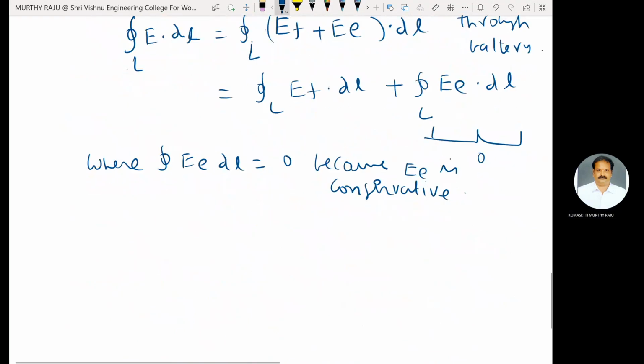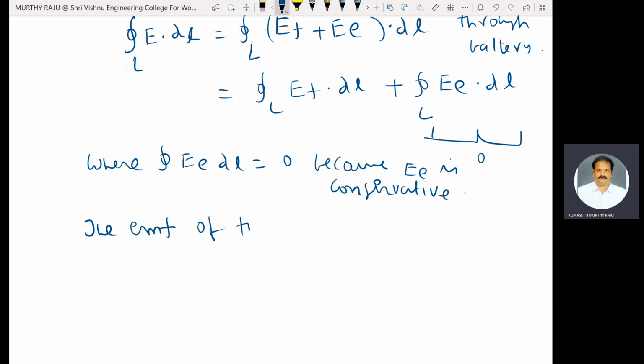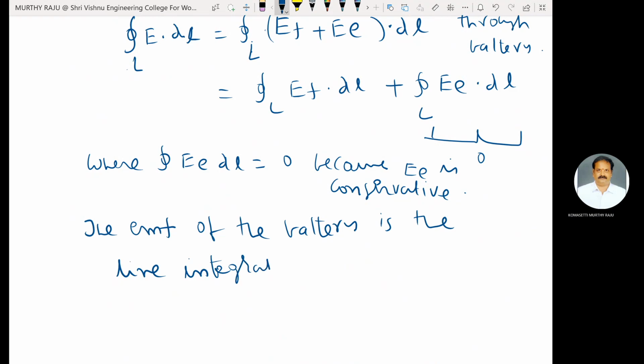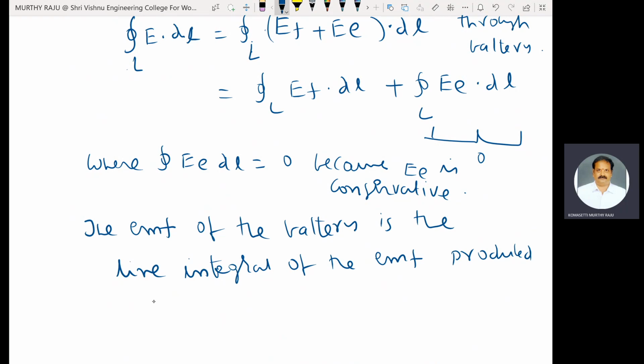Therefore, the EMF of the battery is the line integral of the EMF-producing field. That is, V EMF is equal to the integral from negative to positive of EF dot dl.